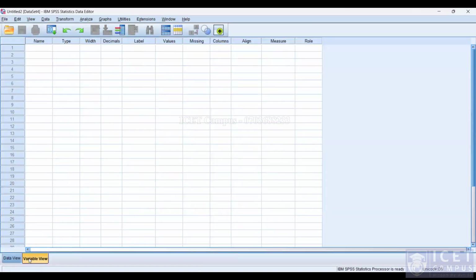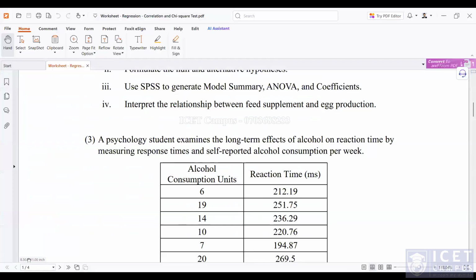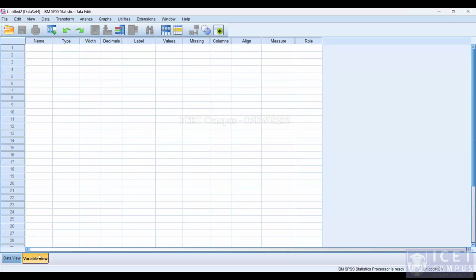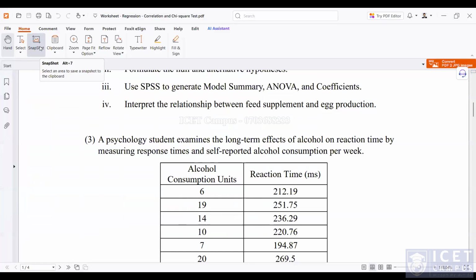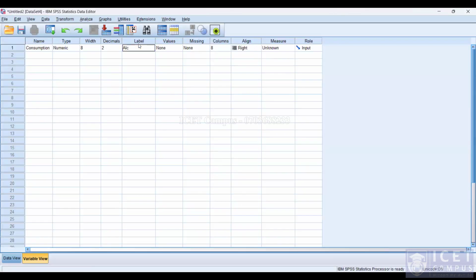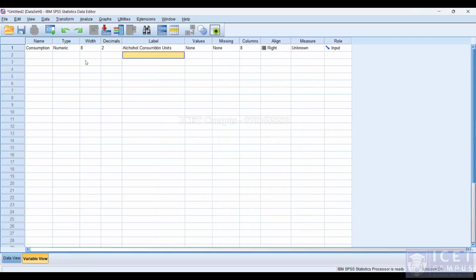Right. First thing is we need to enter the data. Alcohol consumption units, and reaction time in milliseconds.